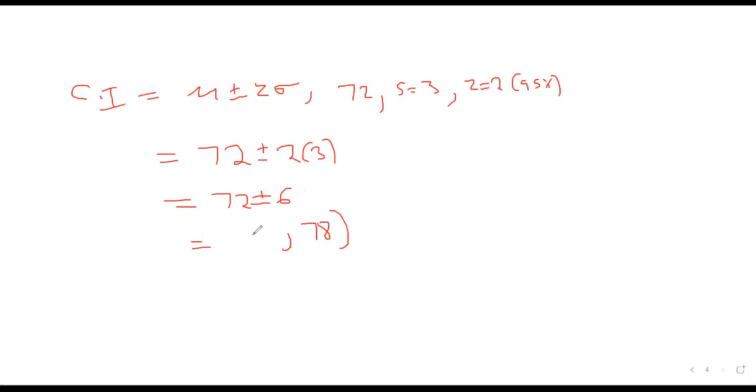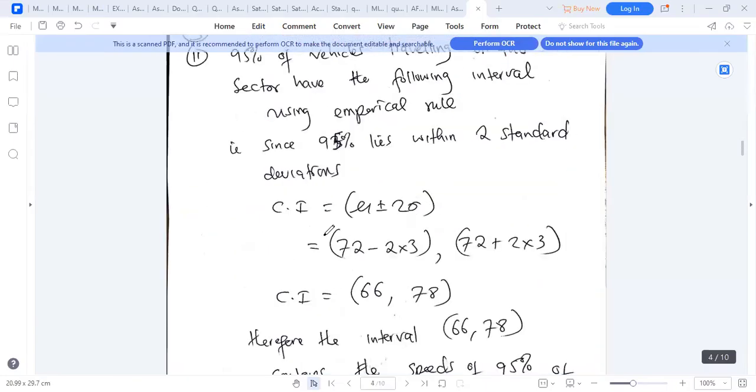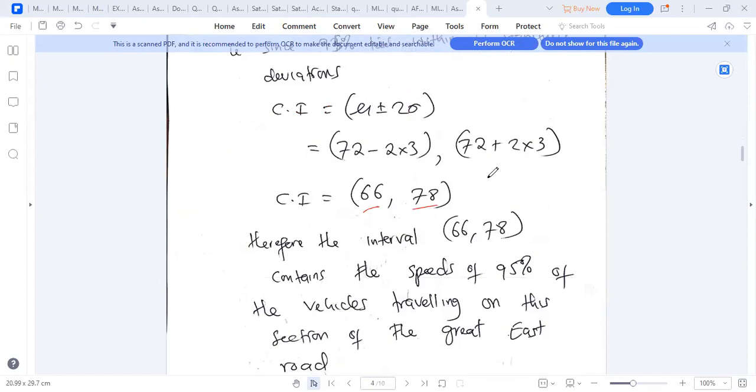The lower bound is 66. All right, so that is what we are supposed to do here. After putting that, you'll find that the confidence interval will be between 66 and 78. Therefore, the interval 66 to 78 contains speeds of 95% of the vehicles traveling on this section of the East Road.